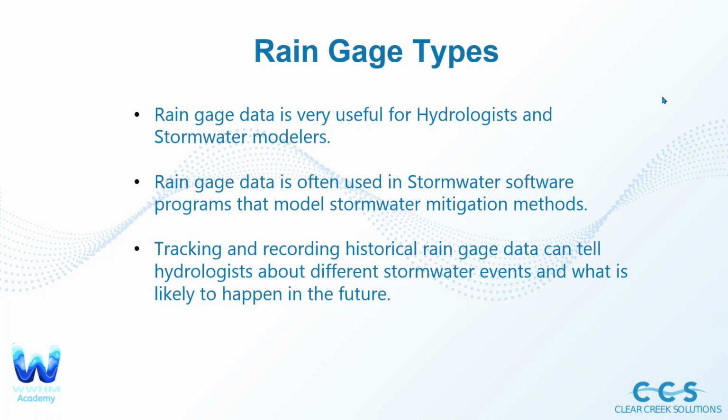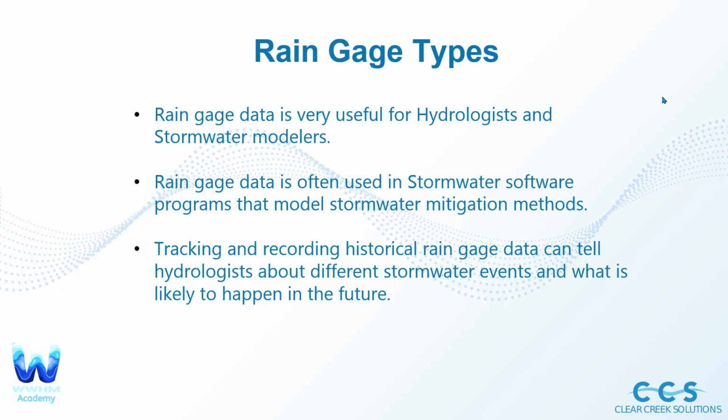Rain gauge data is very useful for hydrologists and stormwater modelers. When it comes to modeling and designing these mitigation facilities, rain gauge data is going to almost directly reflect what sort of flow data we have, given the land use in the region and the rainfall intensity. Using continuous simulation, the historic rainfall that we gather through this rain gauge data is very important for our stormwater modeling and in using models to size mitigation facilities.